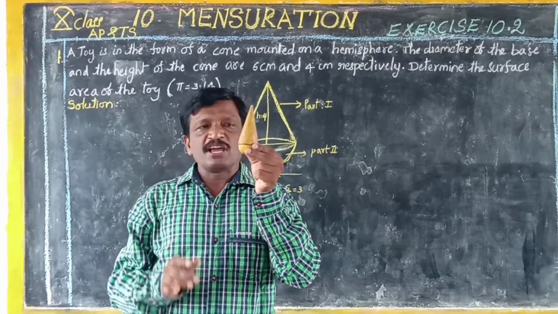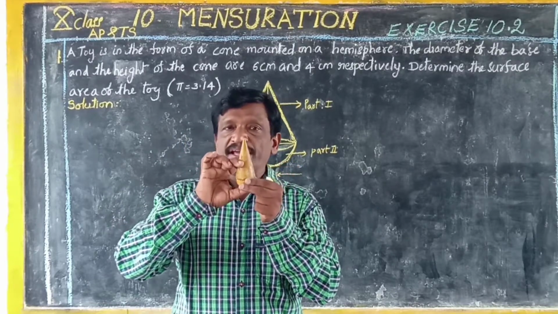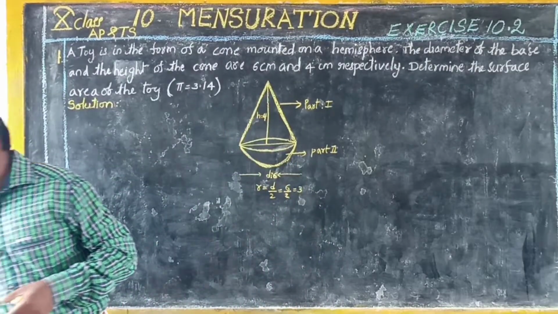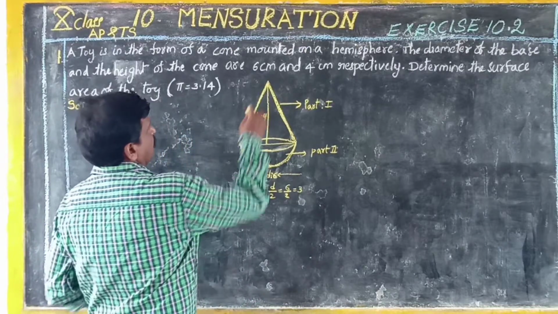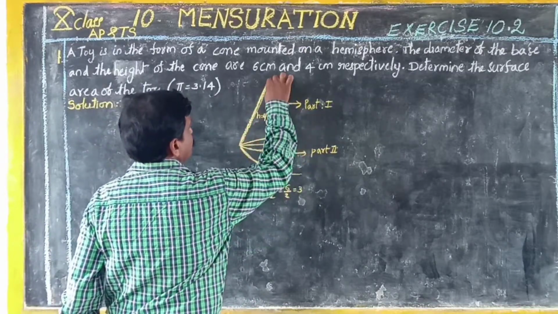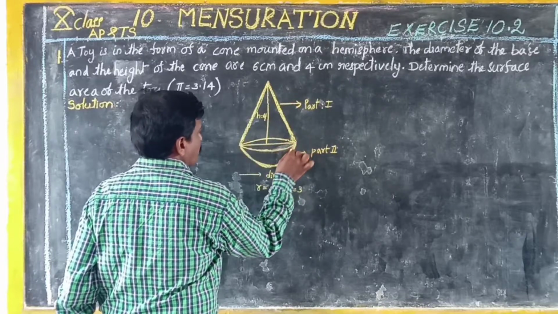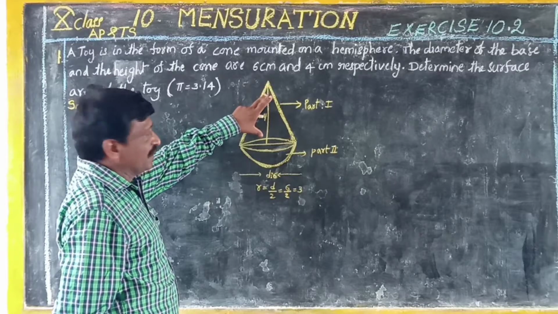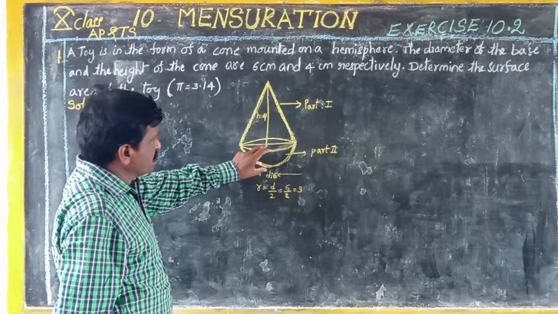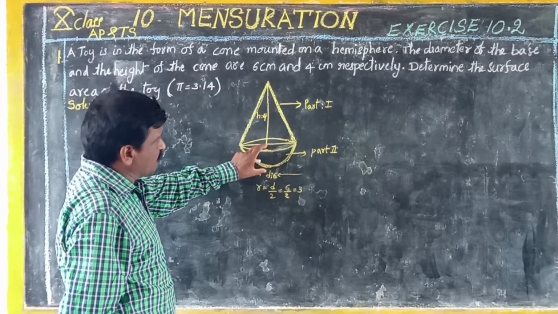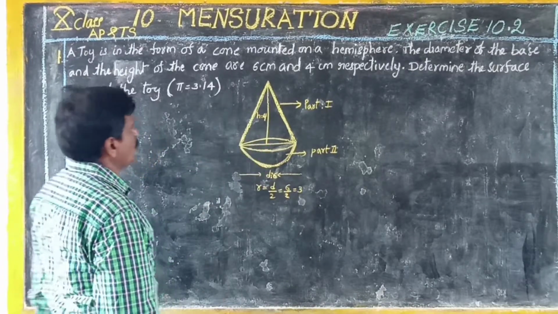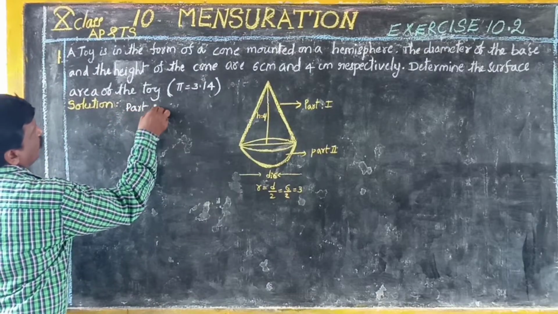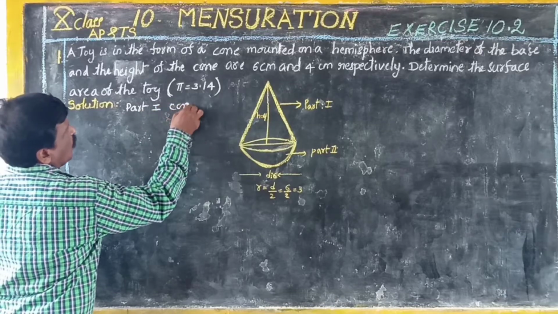Total surface area of the toy is part 1 plus part 2. First, part 1, cone.